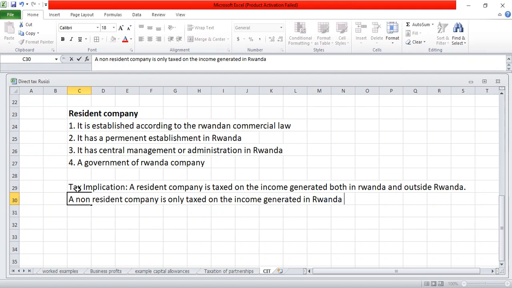If it is a non-resident, it will only be taxed on the income it has generated in Rwanda. You don't tax it on its other income. You only look at the income generated in Rwanda. So that is the tax implication for this.